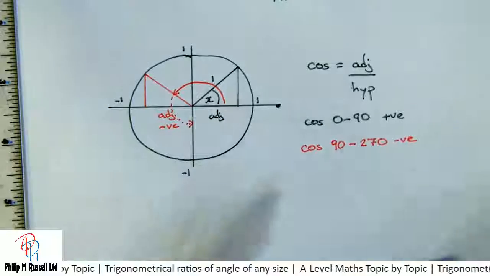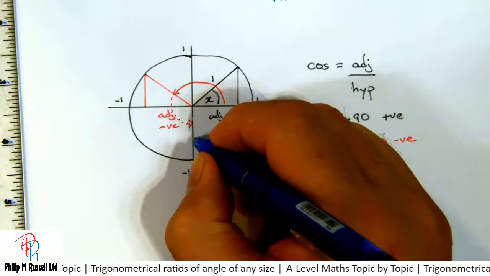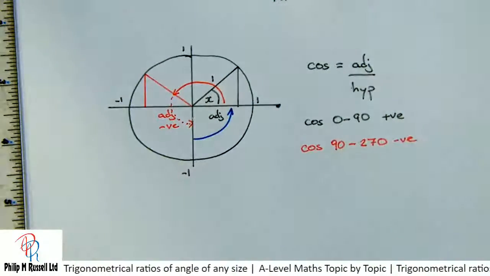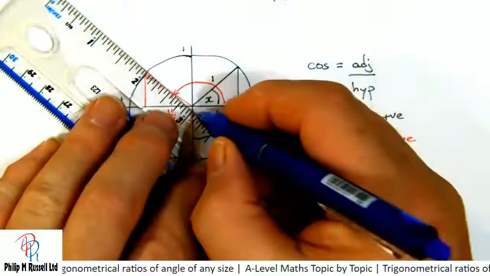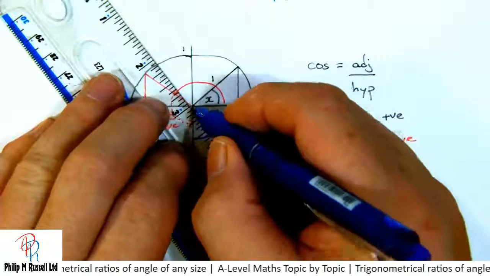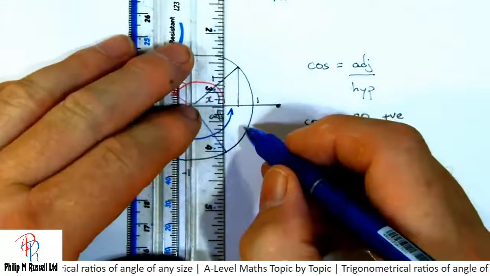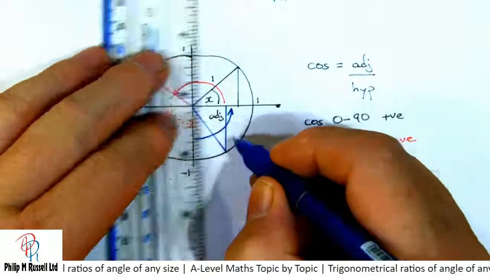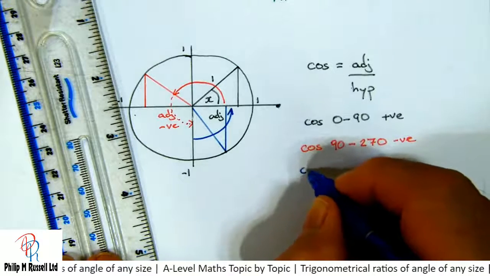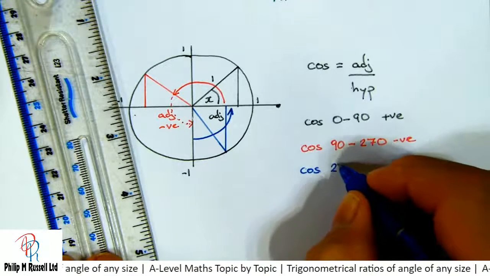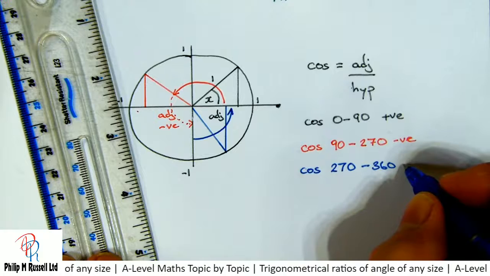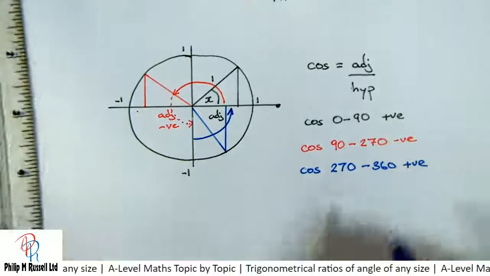But when we get round to 270 to the 360, any triangle in this area, my adjacent value here is now going to be positive. So we can think of my cos somewhere between 270 and 360 degrees is going to be positive again.